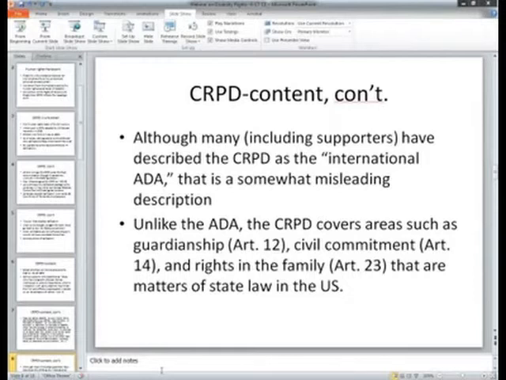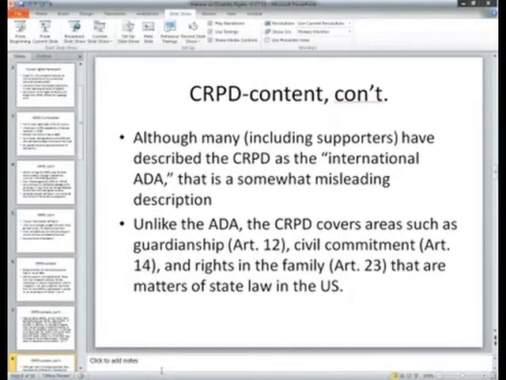I think the main thing to say about that is that, for one thing, the CRPD doesn't have the sort of federalism structure, and doesn't have the distinction between what's a federal right and what's a state or local right. As a consequence, it addresses some issues that wouldn't be addressed at the federal level in the United States.